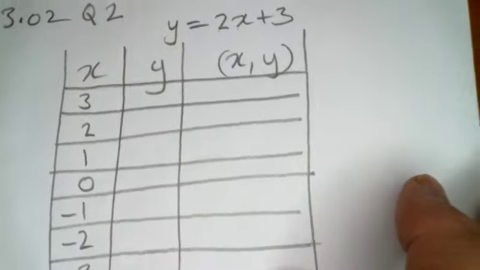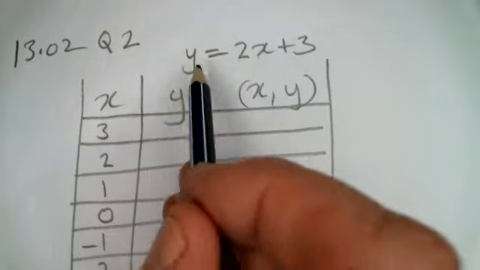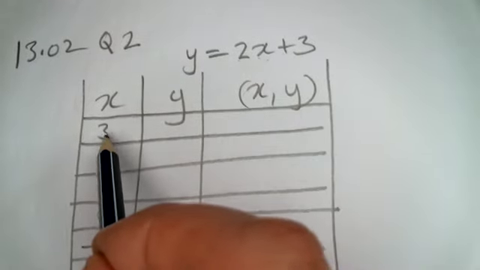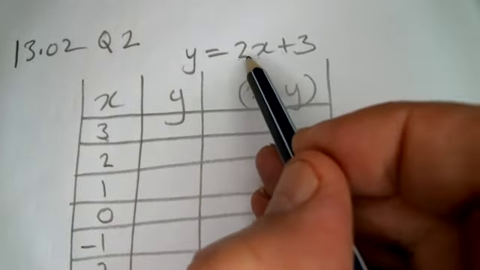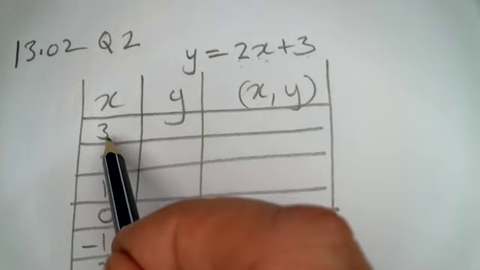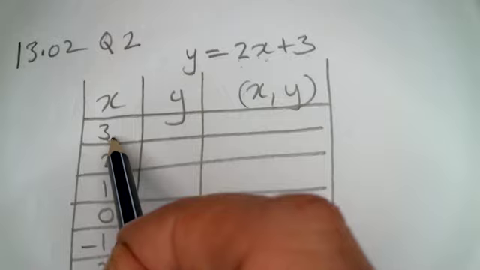So let's have a look at what this would be. The first one is 2 times x, here's x, 2 times 3 is 6, plus 3 is 9.